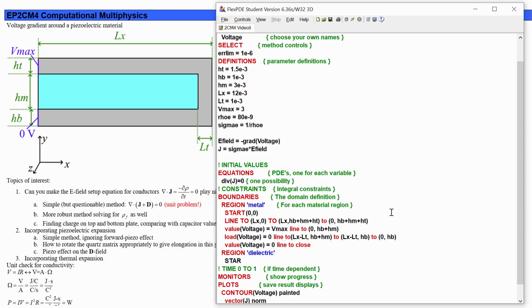And this is going to start at the bottom corner here, and then go across and up and back down. So start at 0 HB, line 2, 0 Lx minus Lt HB to Lx minus Lt HB plus HM to 0 HB plus HM to close.